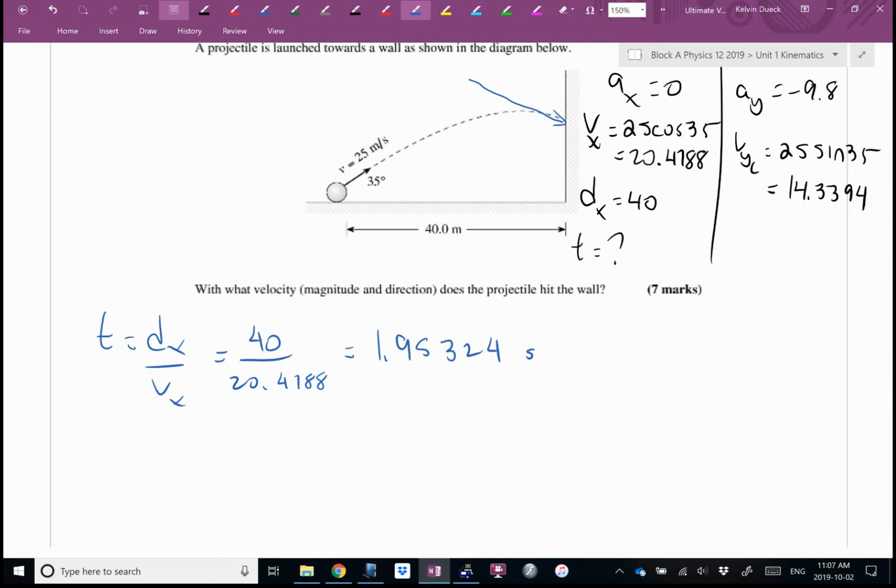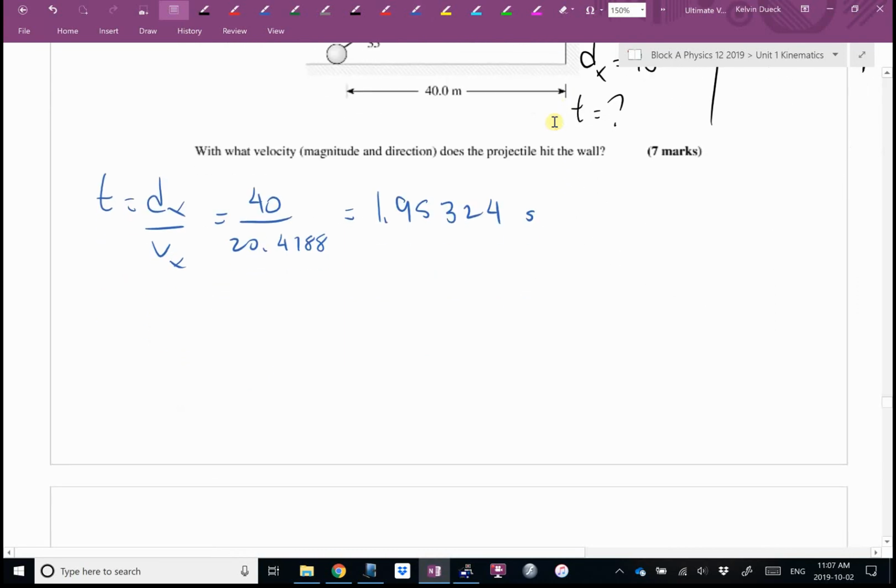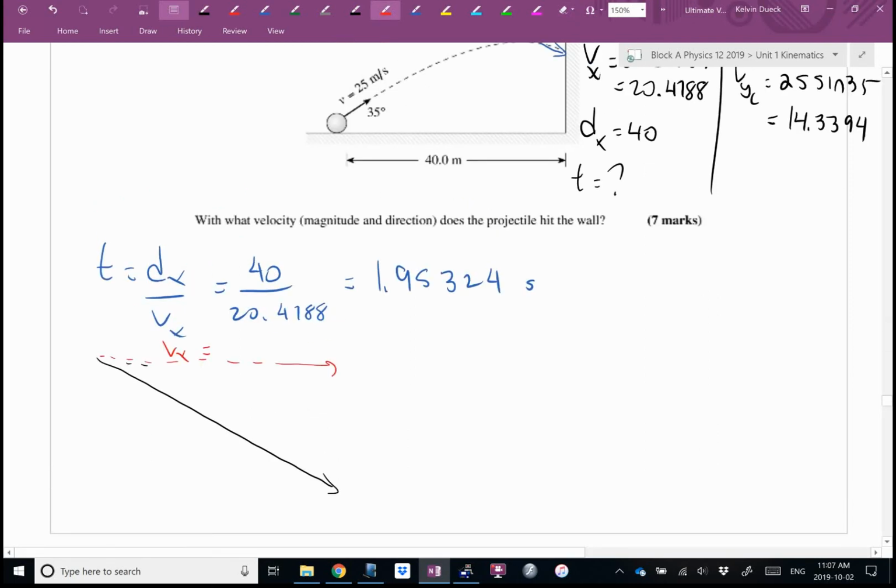So, that's what we're looking for. So I think the impact velocity looks like that. And I'm going to break it up into Vx, which I know, that's 20.4788. And Vy final, which is not 14.3394.